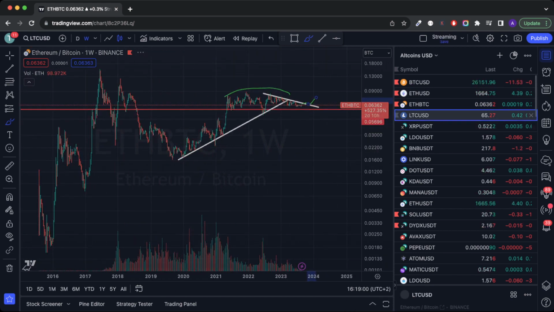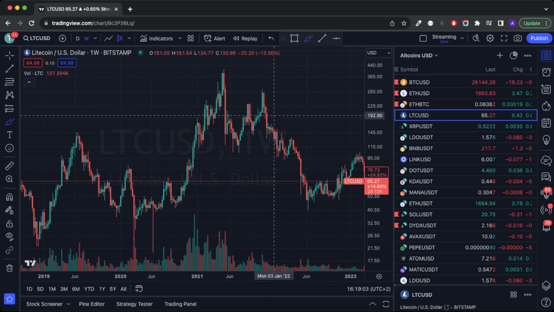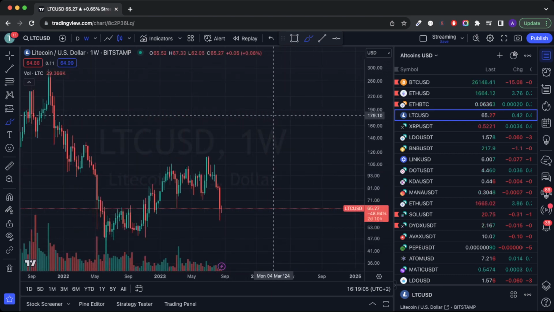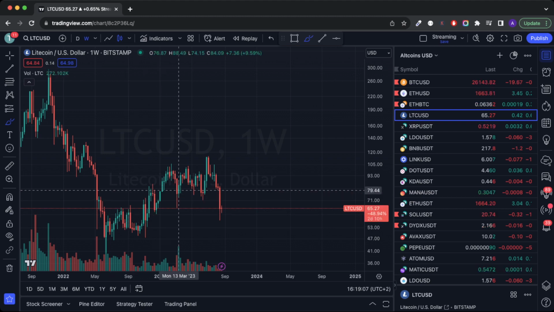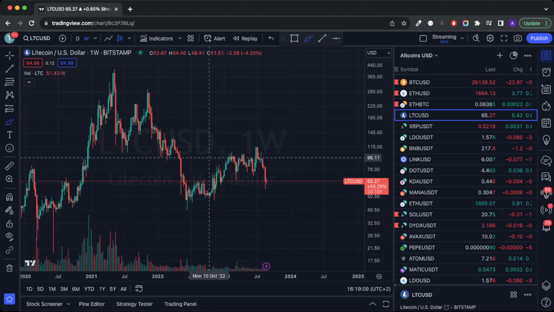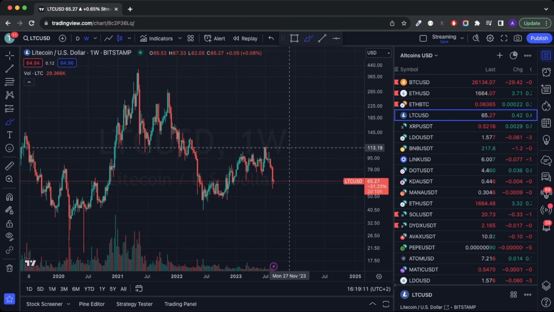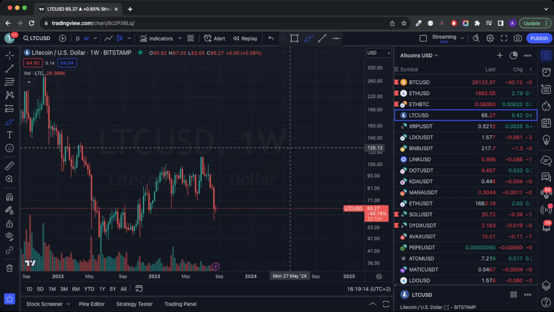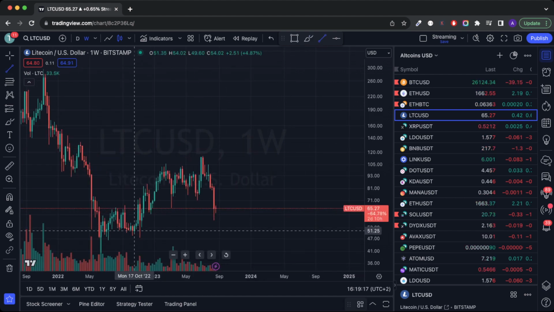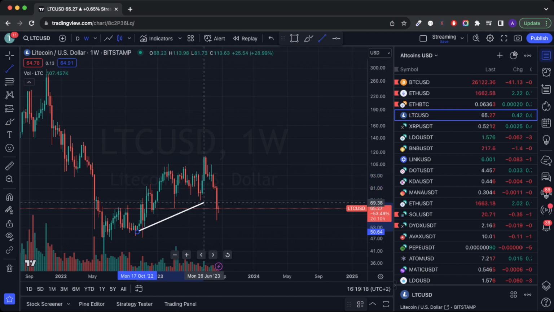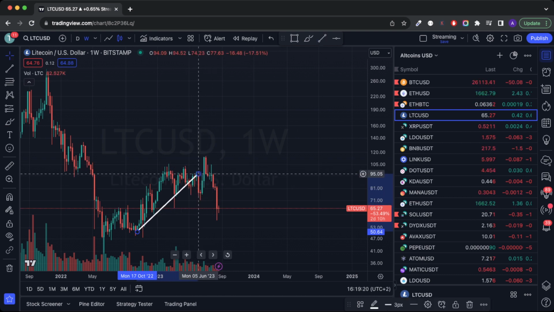For example, Litecoin just had a halving, and this was basically the pre-halving pump. And as you can see, it didn't do much, and now we're in a downtrend again. You could do a trend line here as well, not as clean.